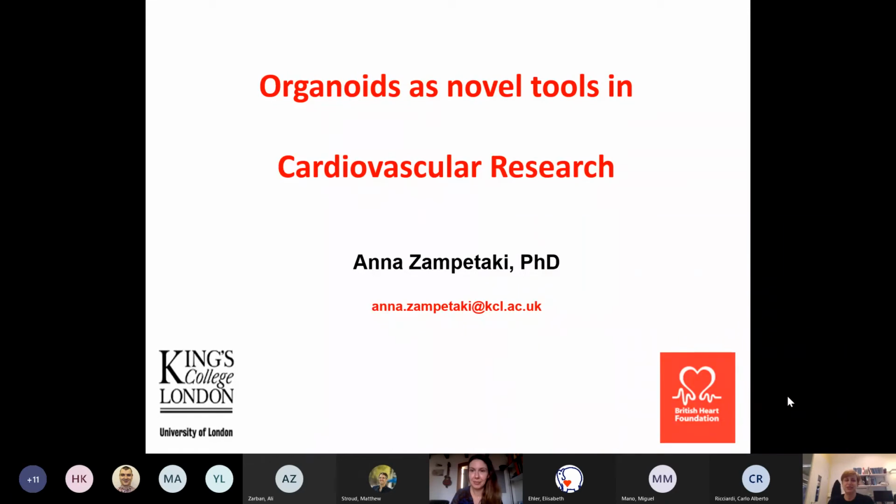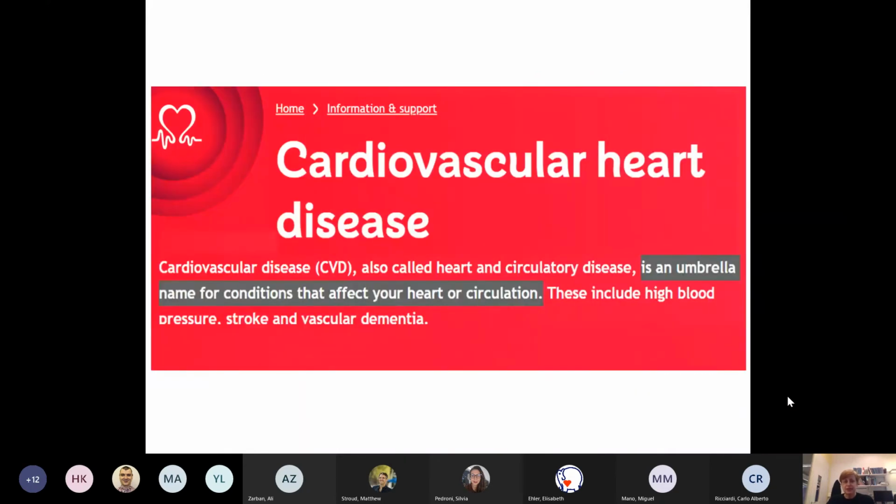So good afternoon, everybody, and welcome to this BHF Centre Technology Workshop on organoids as novel tools in cardiovascular research. If you look up the term cardiovascular diseases, the British Heart Foundation would describe it as an umbrella name that covers conditions affecting the heart or the circulation.